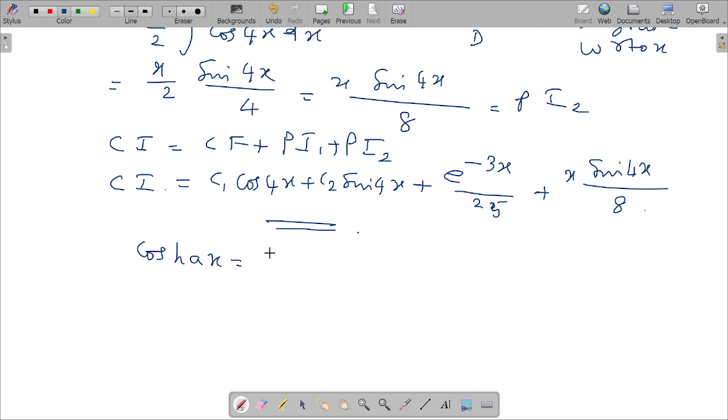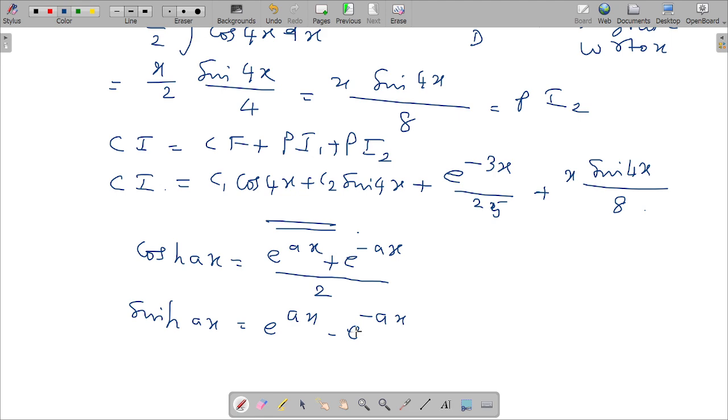Cos hax is e power ax plus e power minus ax by 2. Sin hax formula is e power ax minus e power minus ax by 2.